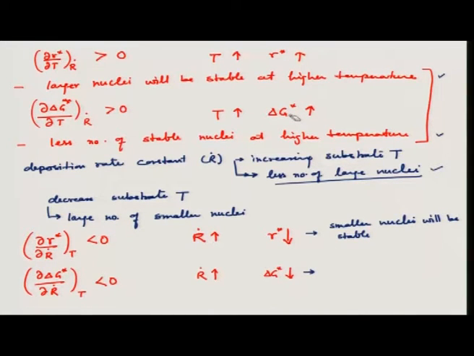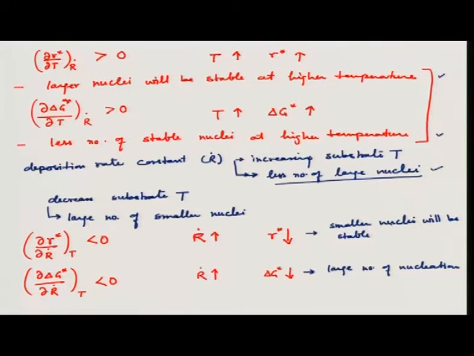So, this delta G star will be lower, which means large number of nucleation. Now, if you increase deposition rate, you will have large number of small nuclei. If you decrease deposition rate, you will have a small number of large nuclei.